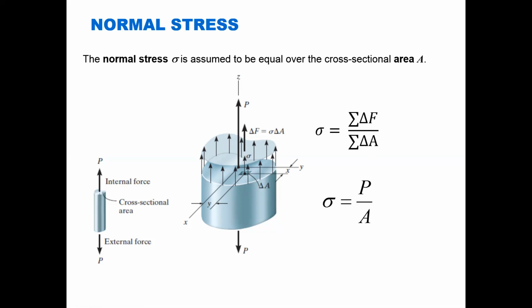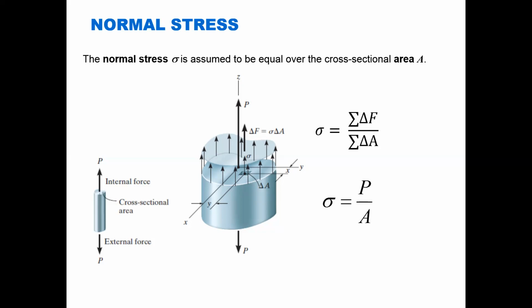So just by this very simple example, we can come up with our first normal stress equation, P over A. We're going to use this quite a bit throughout this course, so you'll want to refer back to this. P is just a generic internal force. It could be any letter.